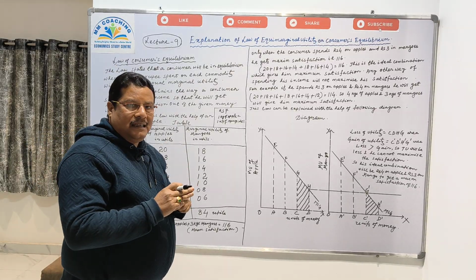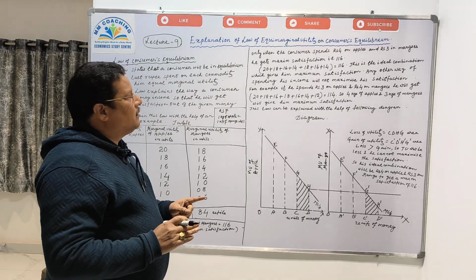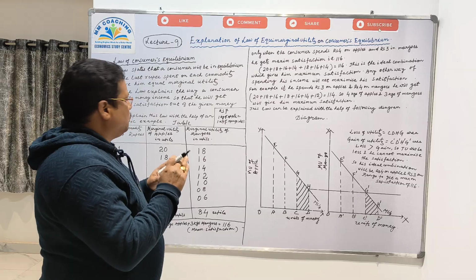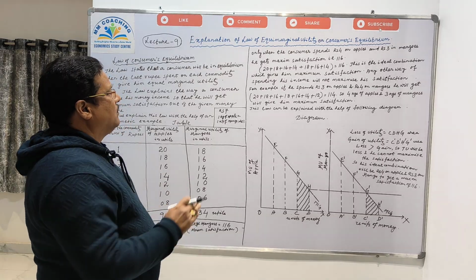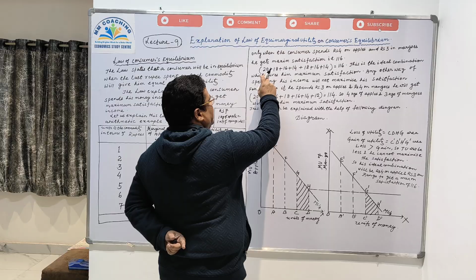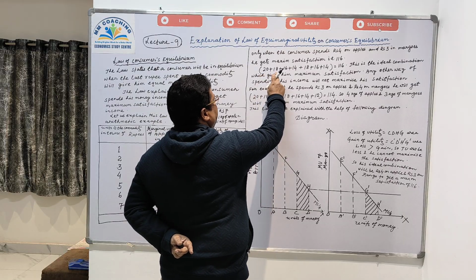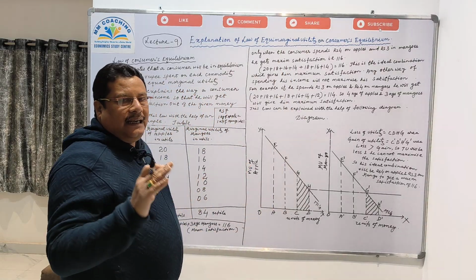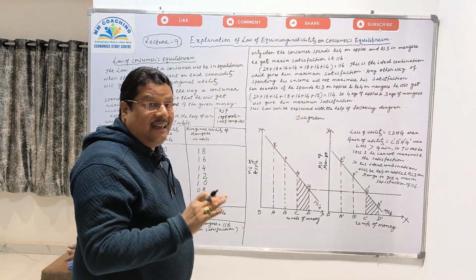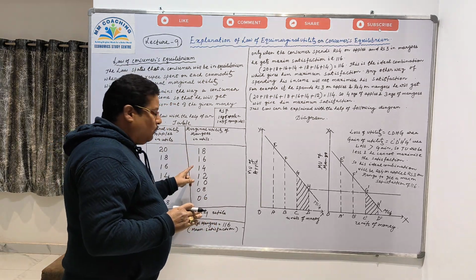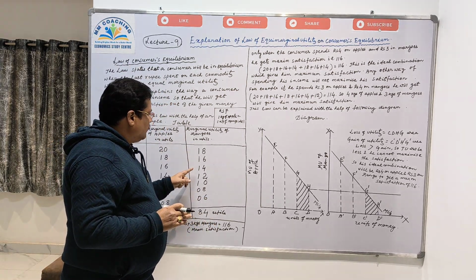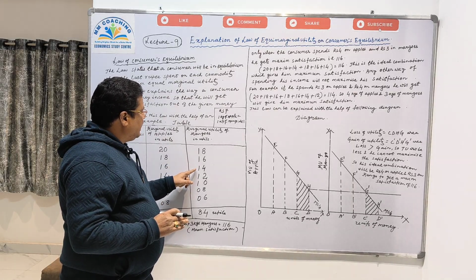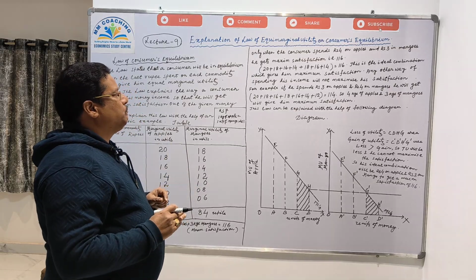And if he spends rupees 3 on mangoes, then marginal utilities are 18, 16 and 14 respectively.